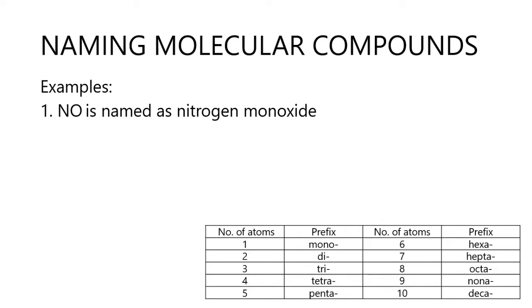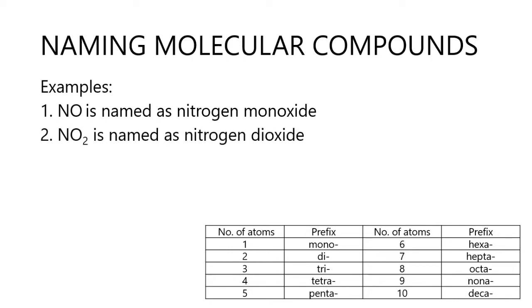Okay, for oxides, if the oxide precedes a prefix ending in a vowel letter, makakancel po yung vowel na yun. Instead of monooxide, magiging siyang monoxide. Okay? NO2 is named as nitrogen dioxide.